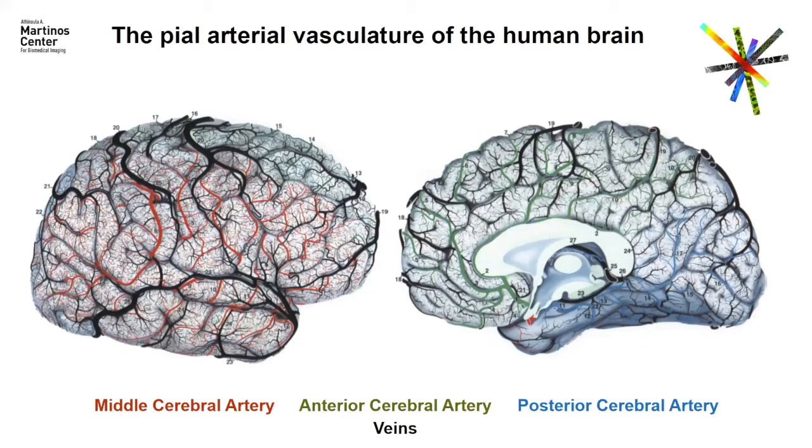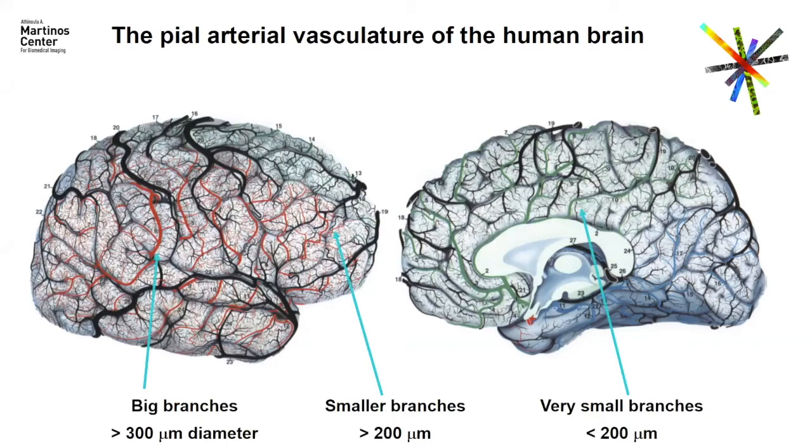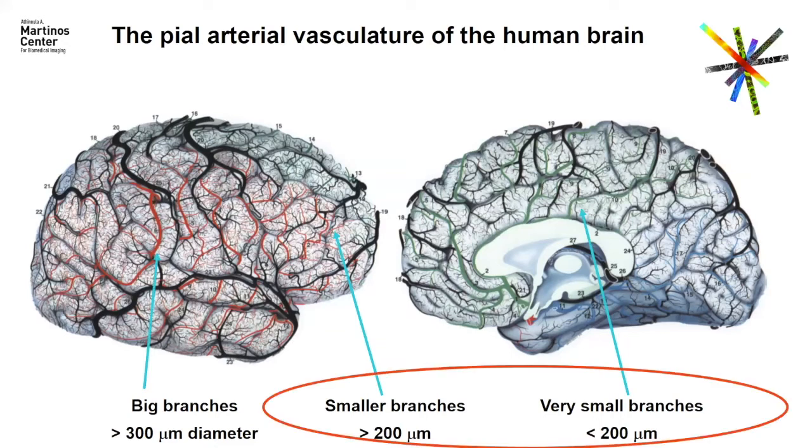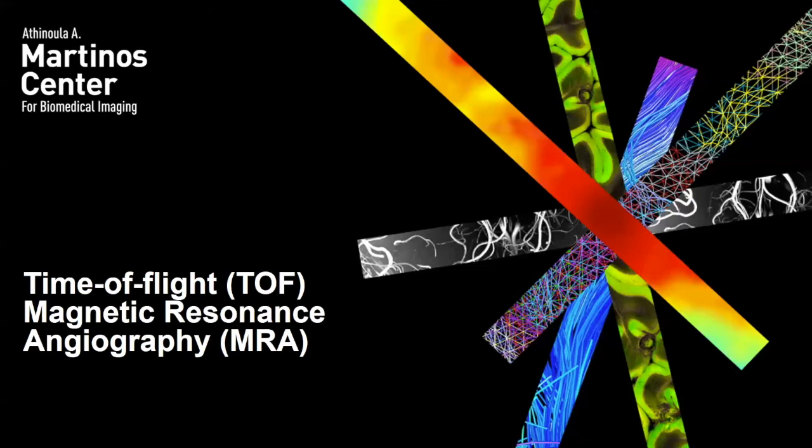But as an engineer, I made up my own labels: there are really big branches, smaller branches, and then really, really tiny branches just before the arteries dive into the gray matter. Probably the interesting part happens at these very small branches just before they go into the gray matter. So I asked John, can we image that in vivo? I would really like to know at least where they are to interpret our fMRI signals better. And his answer was perhaps.